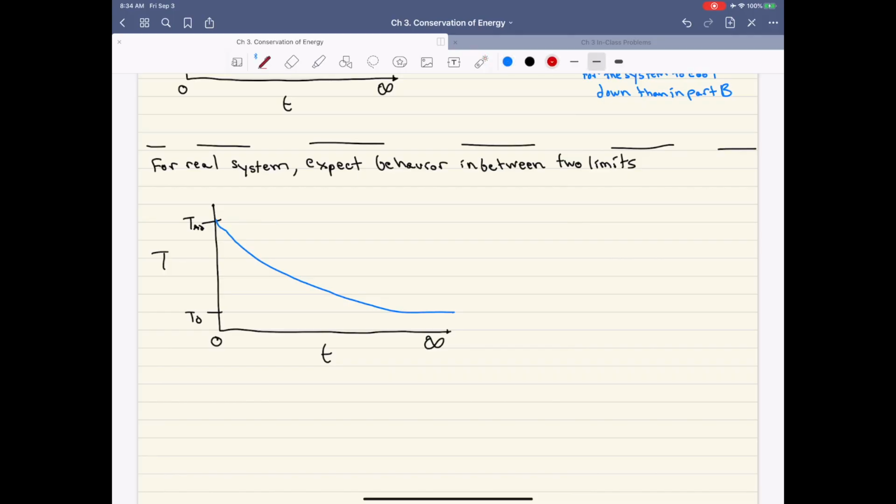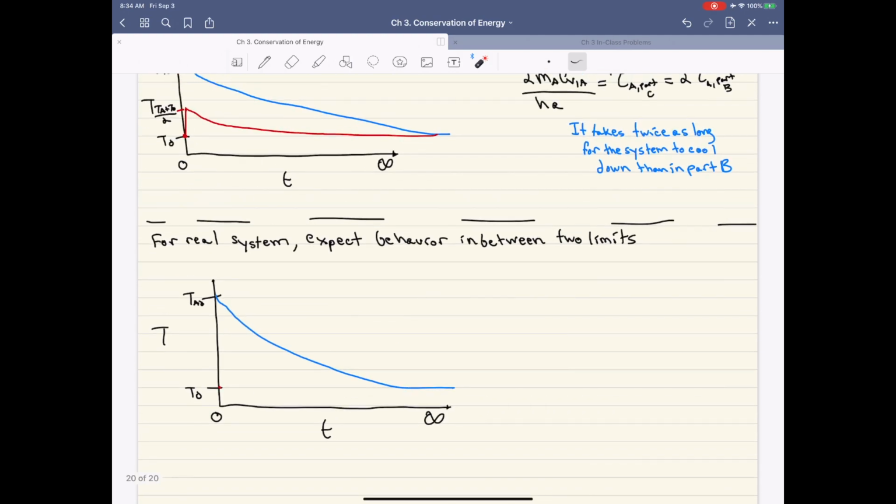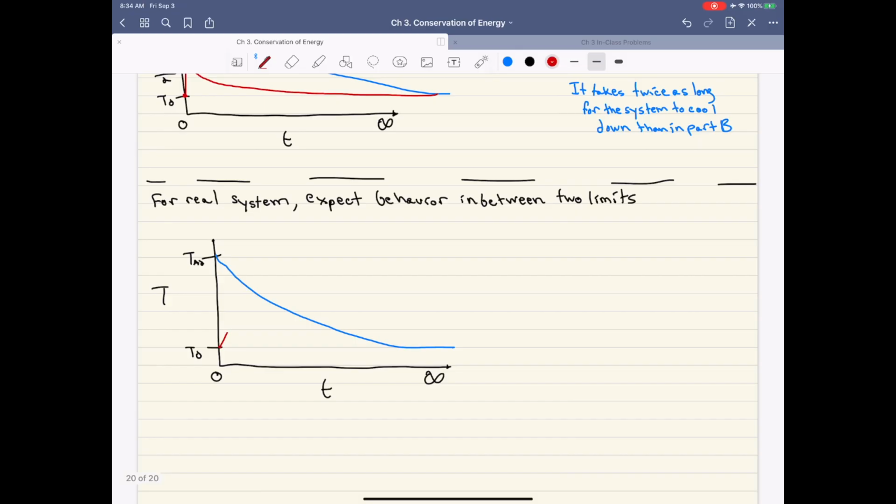And for temperature B, rather than staying constant the entire time or having a sharp spike, we would probably expect a more gradual spike. There'd be some maximum in the temperature, and then it would follow that exponential decay. Okay? And so to develop an equation to model the real system, you would have to go out and solve the eigenvector problem.